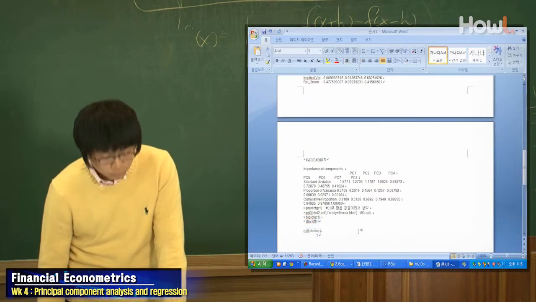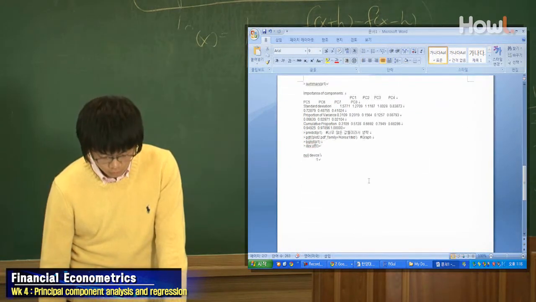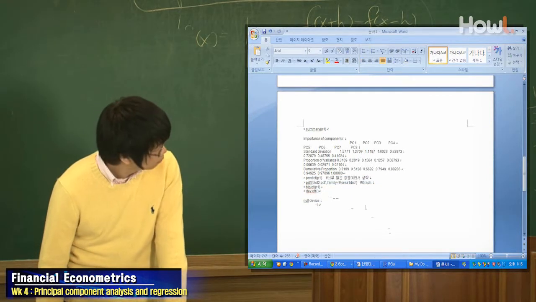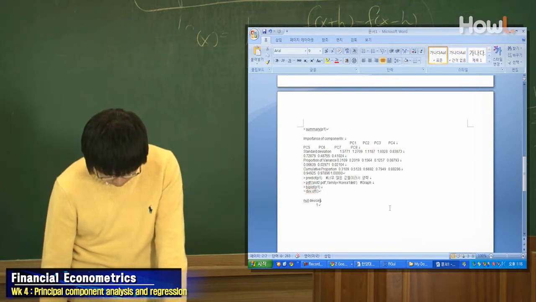So there is a graph for the first principal component. Yeah. Are you sure? Plot to PDF. Okay, P1.